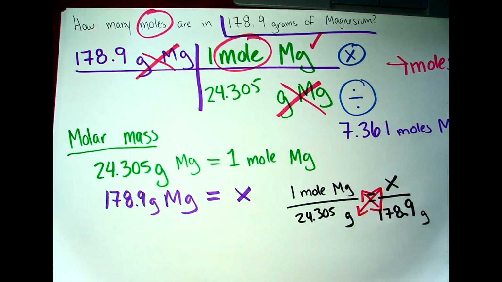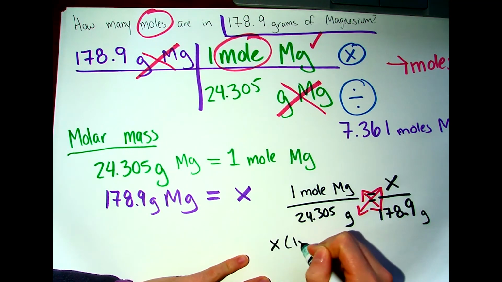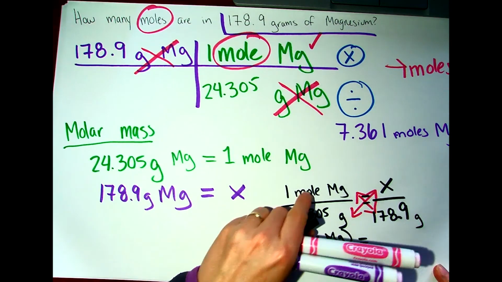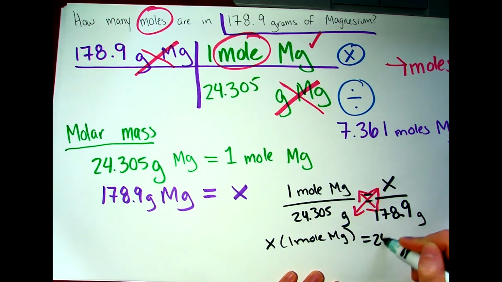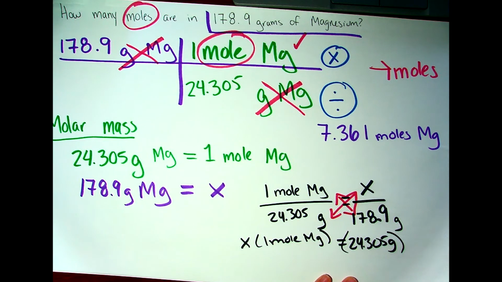Now we will cross multiply, and therefore we will end up with X times 1 mole of magnesium equals the other part, 24.305 grams. Oh, I put my X on the wrong spot.